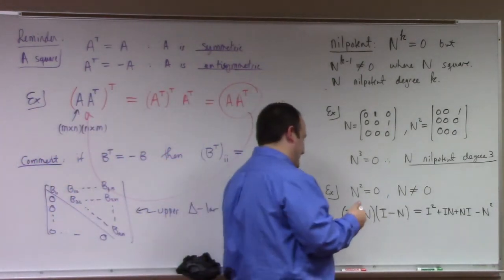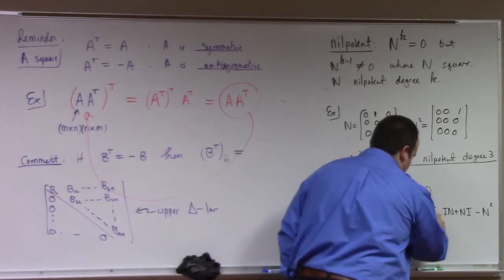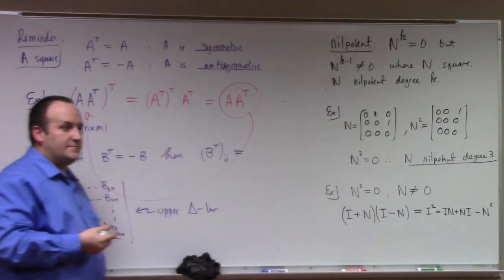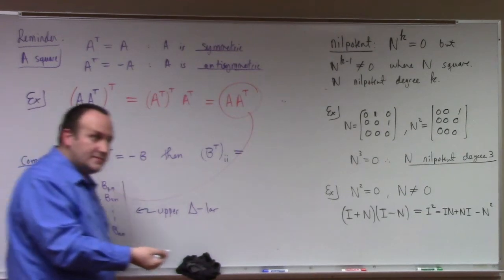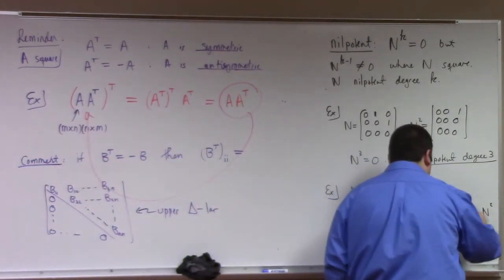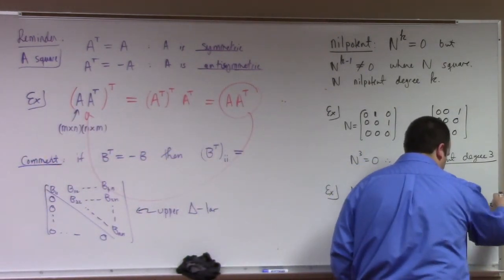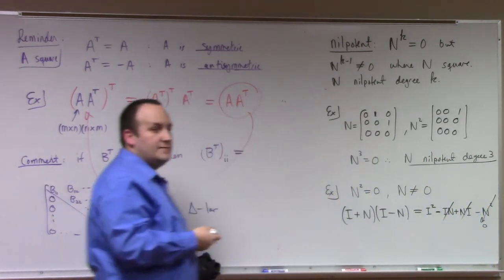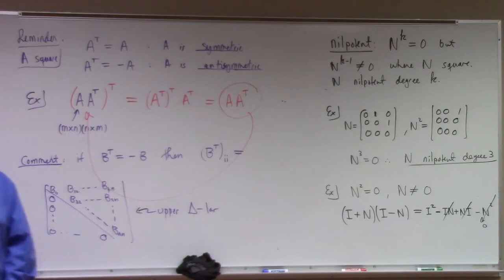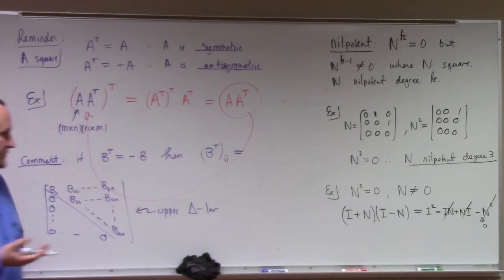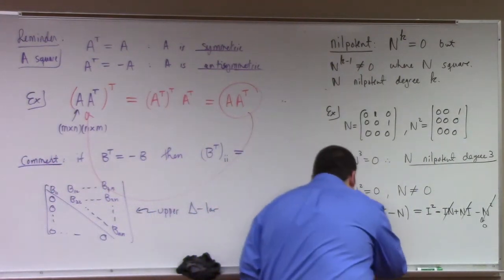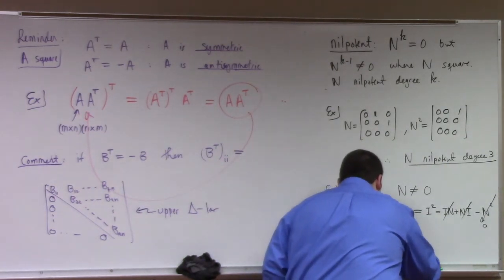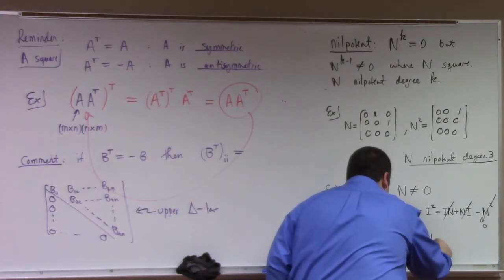The first one's a minus. I times minus n is minus in. So the cross terms cancel. And n squared is what? 0. So we get I. And you can multiply in the opposite order, still get I. So this shows you that for nilpotent degree 2, the inverse of the identity matrix plus the nilpotent element is in fact equal to I minus n.